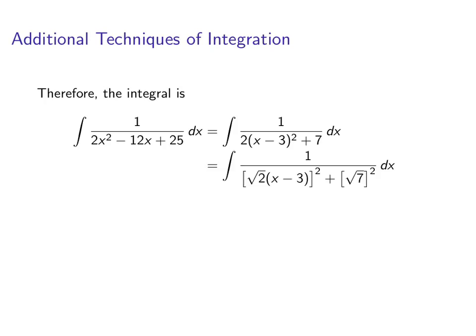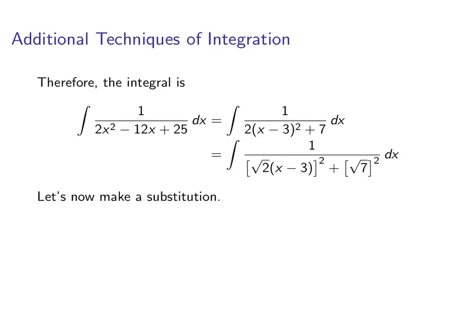And now I'm going to rewrite it in a slightly different way. I want to see the things that are being squared. So the 2 times x minus 3 squared can be rewritten as root 2 times x minus 3, squared. You should see what happens when you square each piece. And then the square root of 7 squared, of course, turns into 7. Well, believe it or not, we can just write down our final answer now.